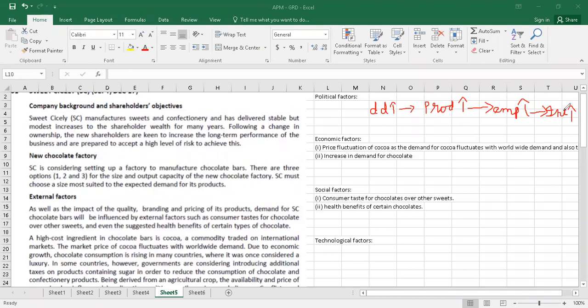Those luxury products now move into the comfort zone. Because of the growth and the cycle, with more income available, people are now able to consume more chocolates. So this is definitely an economic factor.